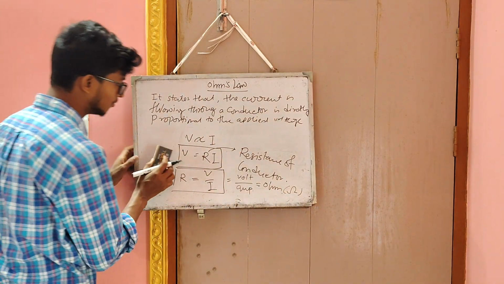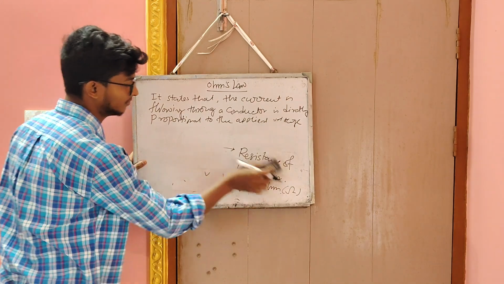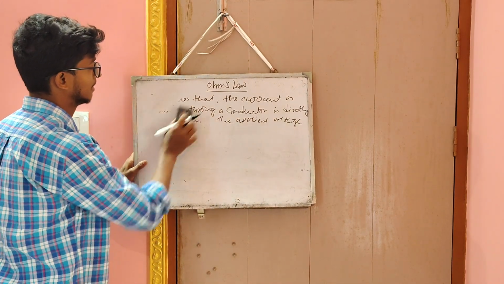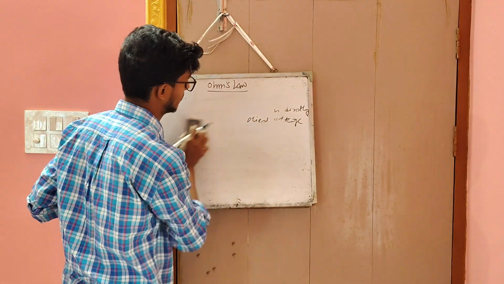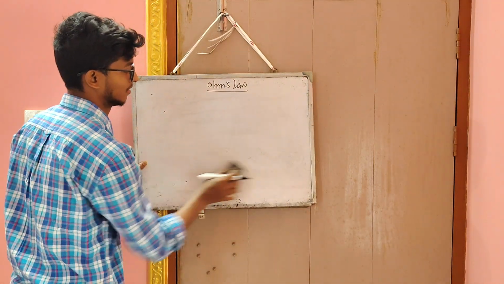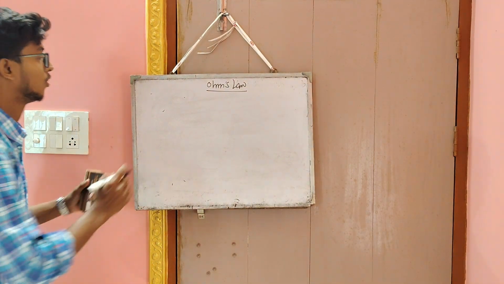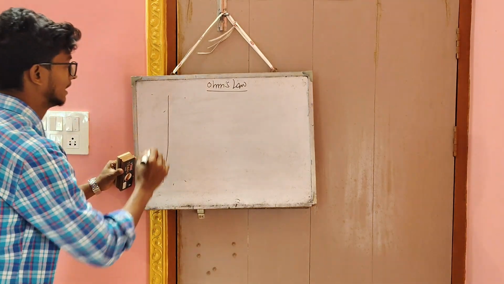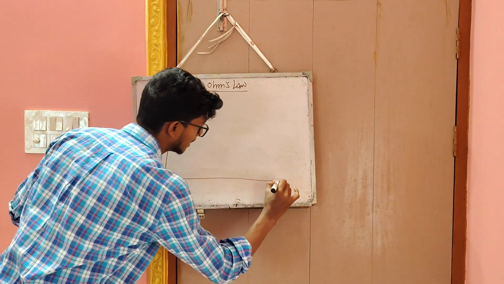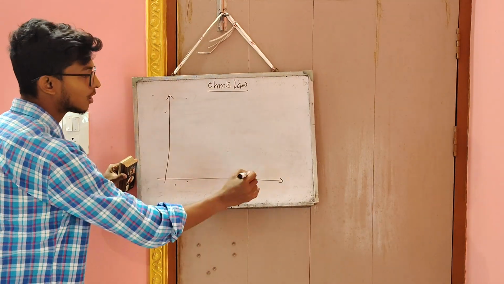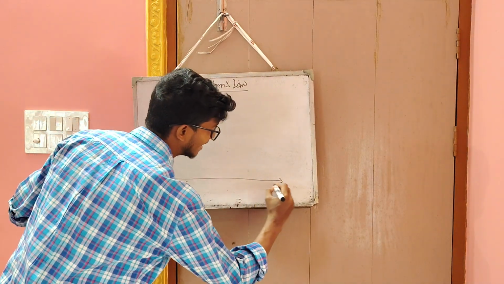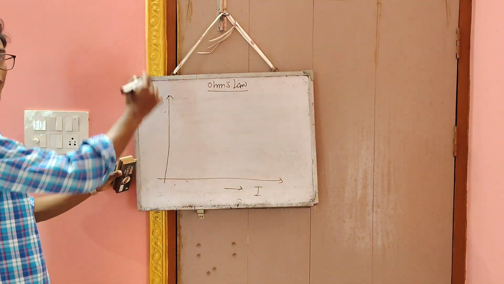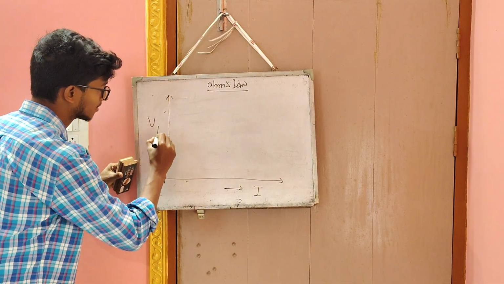Clear? Now we discuss the graph of this Ohm's law. Okay, so draw a graph. It is the y-axis and it is the x-axis. Along the x-axis we put current. And along the y-axis we put voltage.